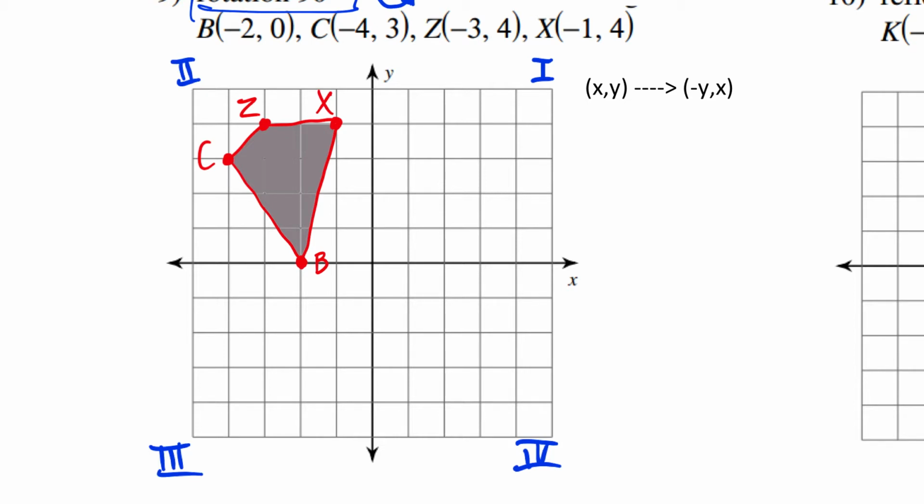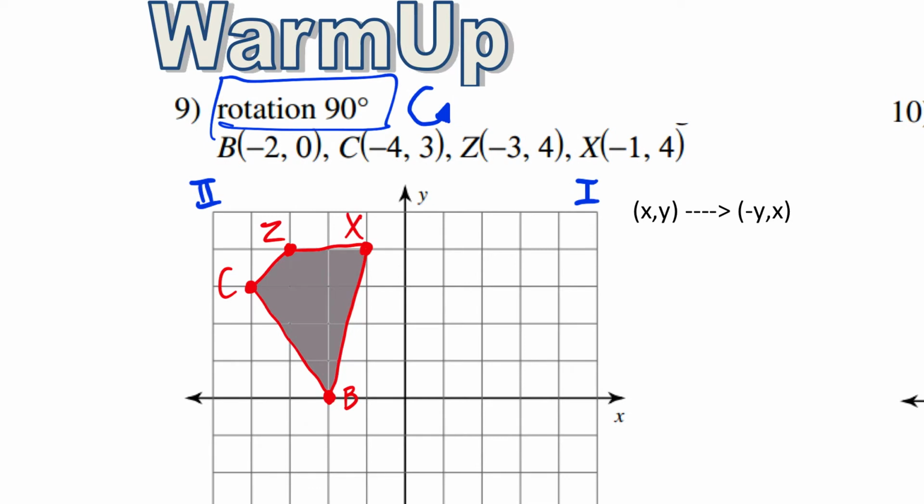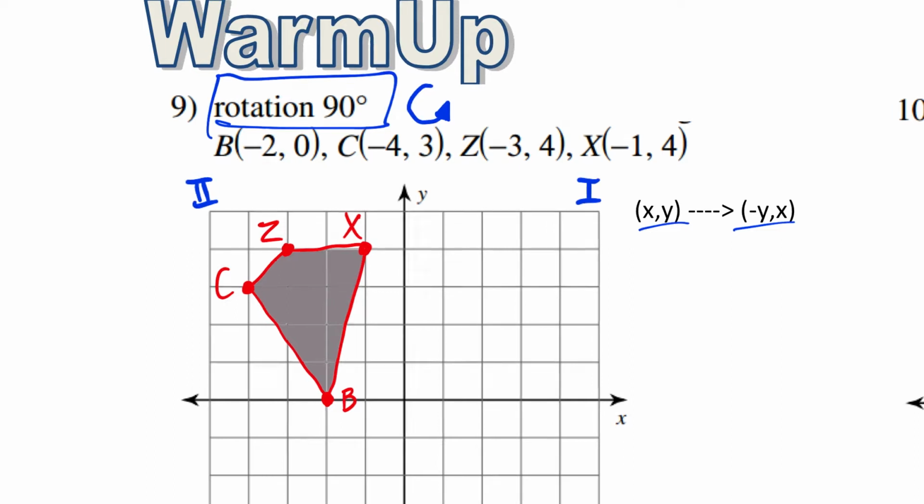And so it should look like that after we get this thing rotated. So let's see. Our rule that we talked about yesterday is that x, y turns into negative y, x. In other words, you change the sign on the y, then you flip the numbers.